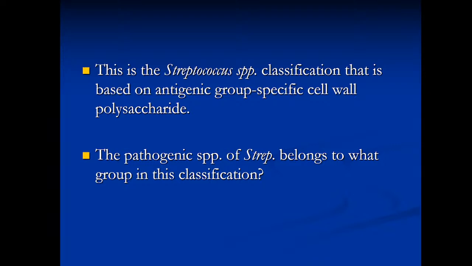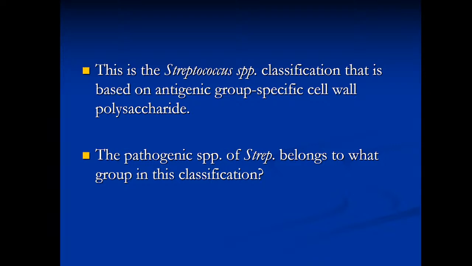We have Lancefield classification, which is the serological classification, and in this case, we want to talk about the Lancefield classification. This is based on the antigenic group-specific cell wall polysaccharides.